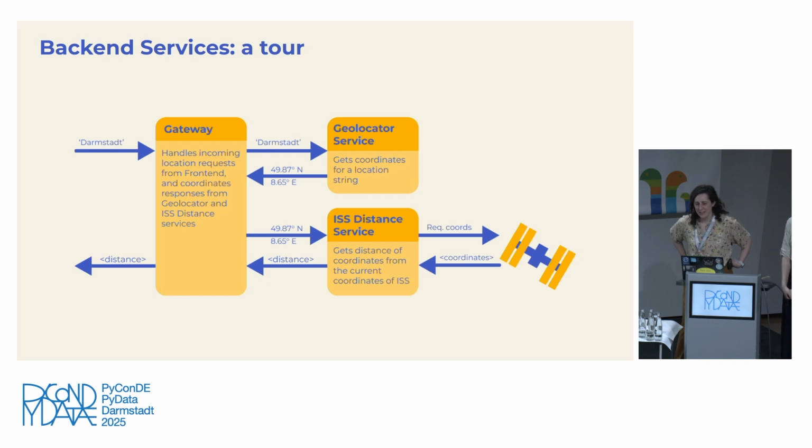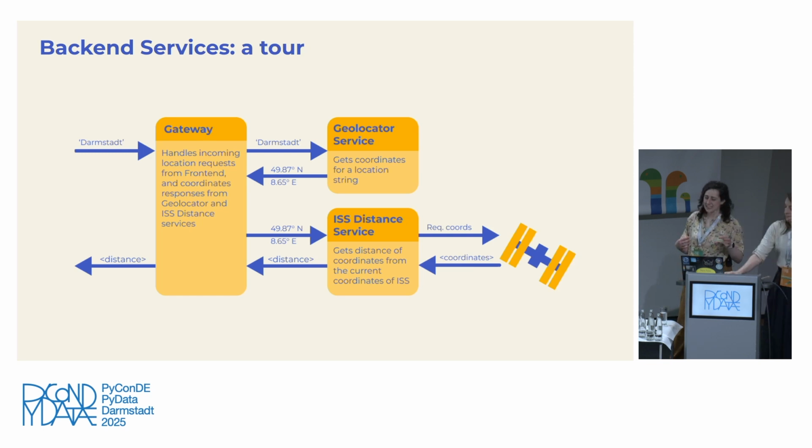So now might be a good point to take a look at the backend services section of the README. In order to explore how to use OpenTelemetry, we'll be instrumenting an example application. The purpose of this application is essentially to provide a website where you can input a place name and it calculates the distance that that place is from the current coordinates of the International Space Station.